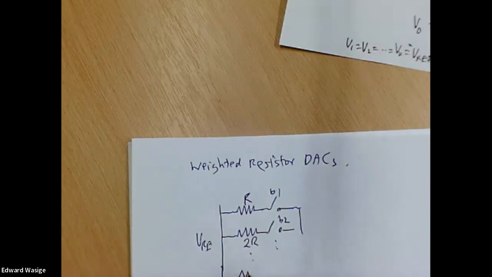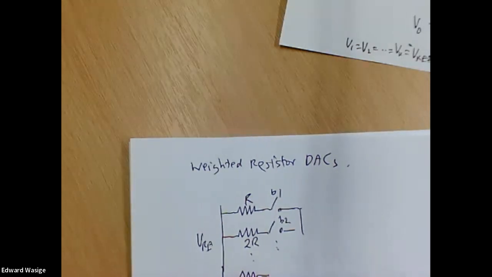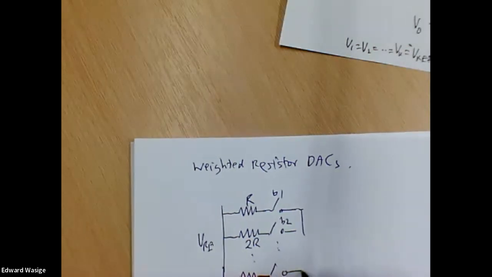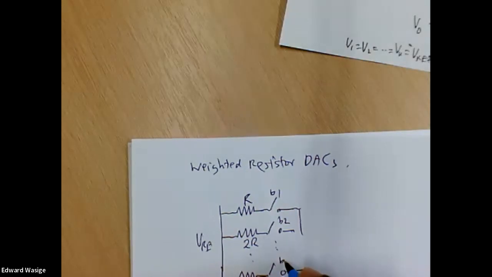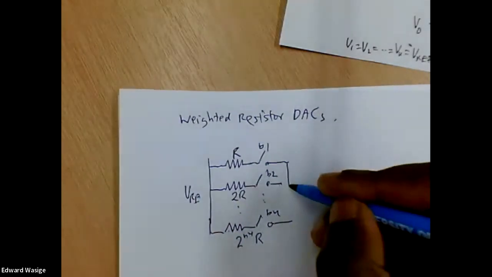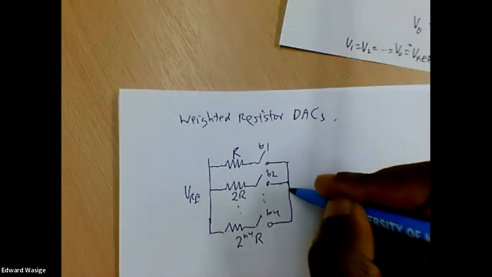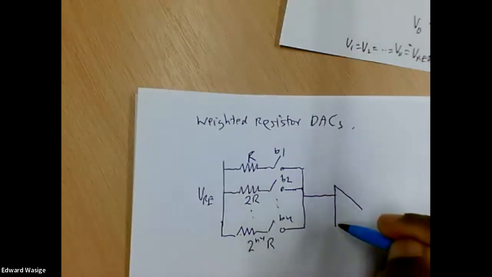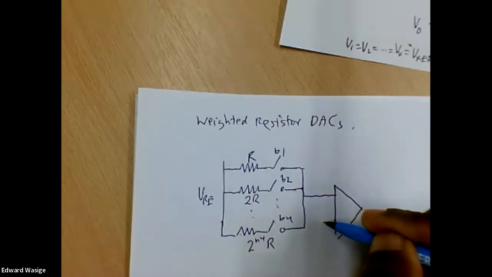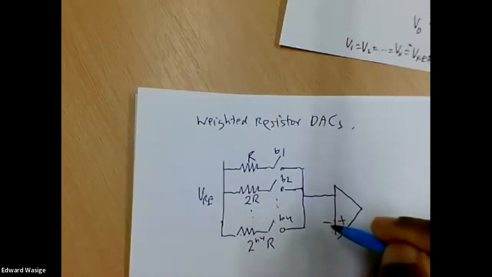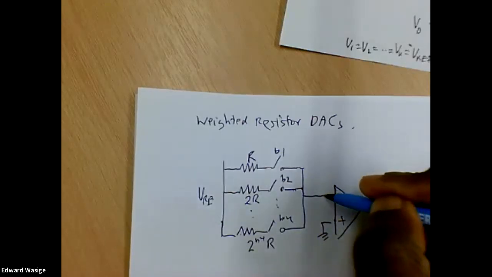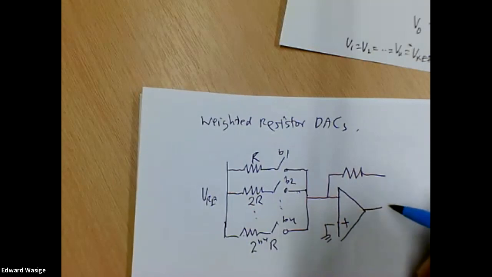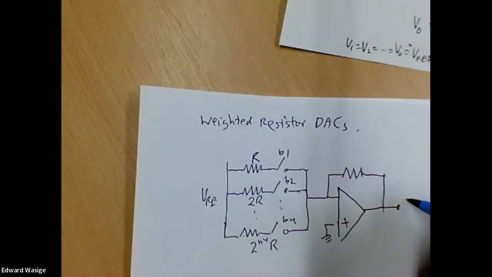And the last one here, I can make it 2 to the power n minus 1 times R, and the switch here is controlled by Bn. And all this goes into the inverting input of the op-amp, and this terminal is grounded. And this is V out.